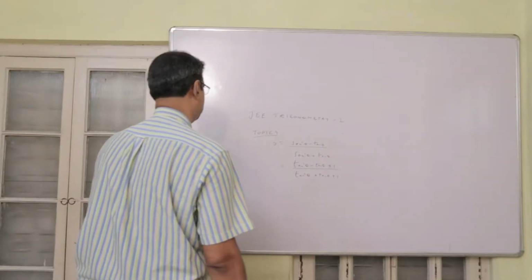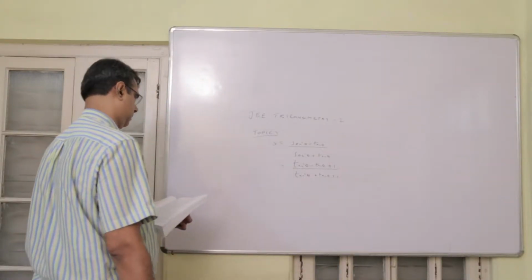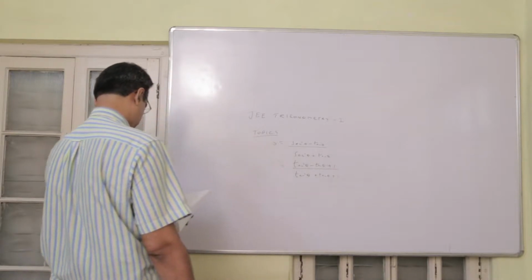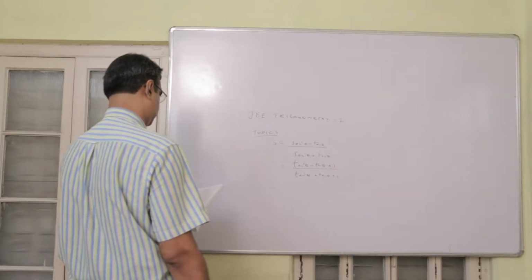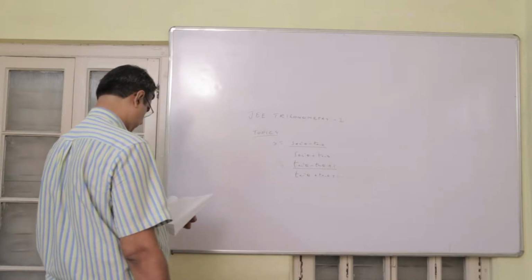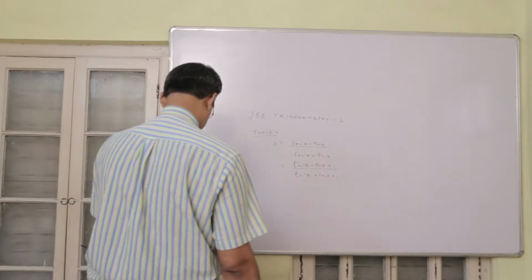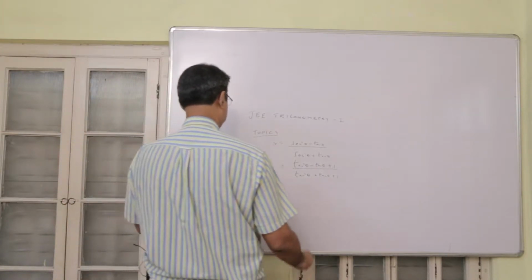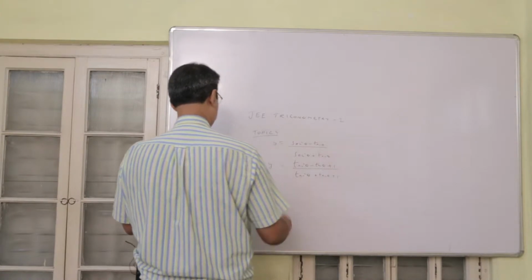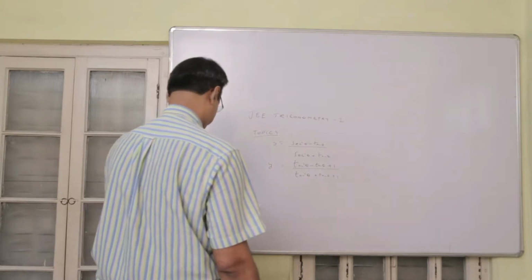So for example, let's say you are told to find the maximum and minimum value of sec square theta minus tan theta divided by sec square theta plus tan theta. So you can write it in this fashion.